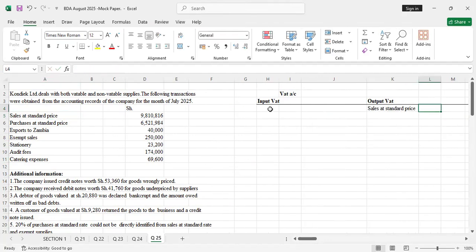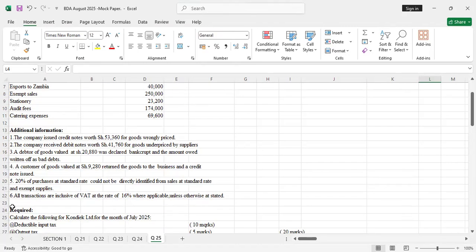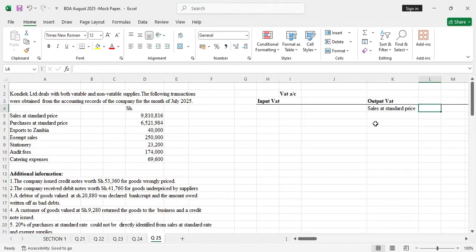So we have input and output VAT. So what will be our VAT here? So we're told that all transactions are inclusive of VAT at the rate of 16% where applicable. Yeah. So if they're inclusive of VAT, then for us to get the output VAT for sales at standard price, it will be 16 over 116, then we multiply by the amount.